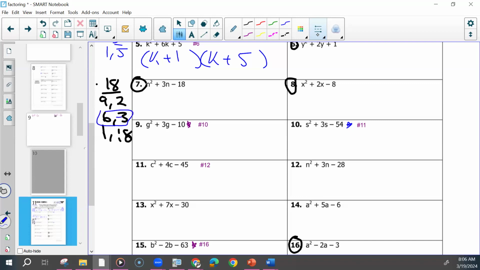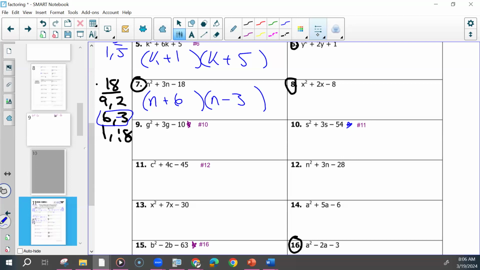So then in your factors, we have n plus 6 and n minus 3. And if we were to distribute that out, we'd have n squared minus 3n plus 6n minus 18, and that would give us the 3n.